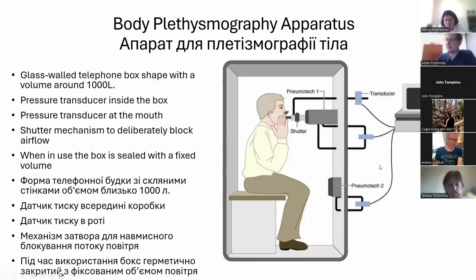And these signals then go to a computer, which does some analysis. So when in use, because these are rigid walls, the box has a known volume, a fixed volume. And that's important, and we'll go over why in a little bit. But this is the apparatus for body plethysmography.